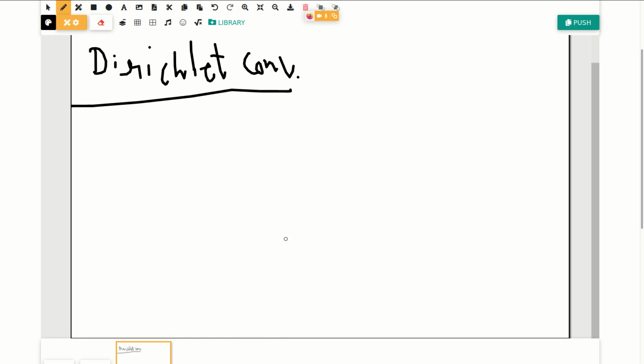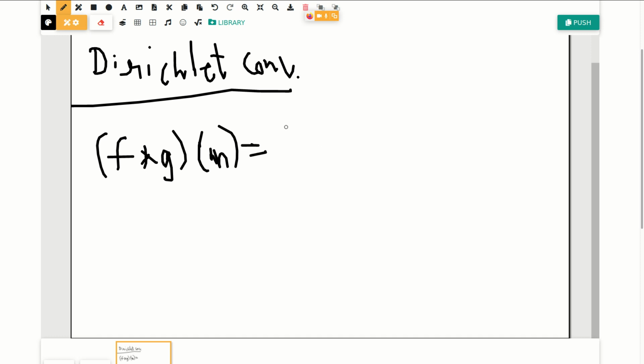And the Dirichlet convolution for any two functions, not just multiplicative functions, for any two functions, is defined in this way. So it's not a property as such, it's just a term for a way to convolve things.